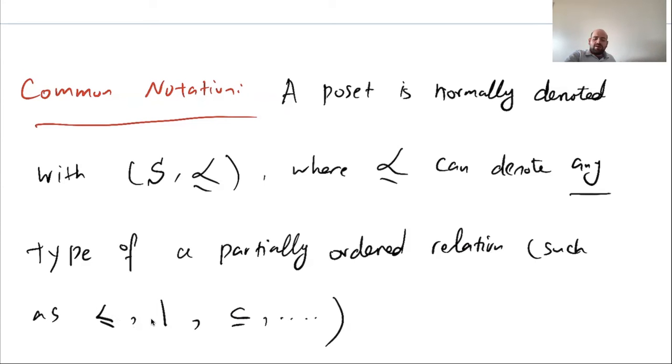So even if the partially ordered relation is not less than or equal to, for example, if it's dividing, still the main features are the same as the main features of the standard less than or equal. So for this reason, even if the relation is not less than or equal, we still denote it with a curly less than or equal.